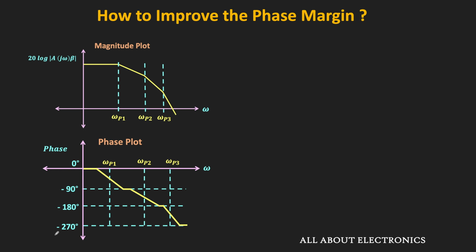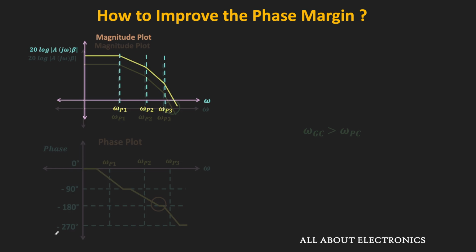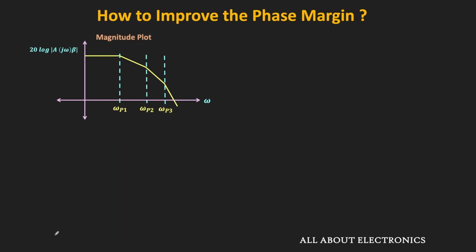So from the given magnitude plot, this is how the phase plot will look. Clearly, as you can see, here the gain crossover frequency is more than the phase crossover frequency. And because of that, the given feedback amplifier is unstable. So here, one way of improving the response is by reducing the feedback factor.